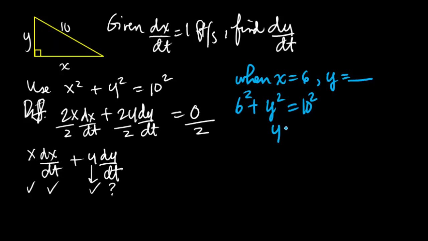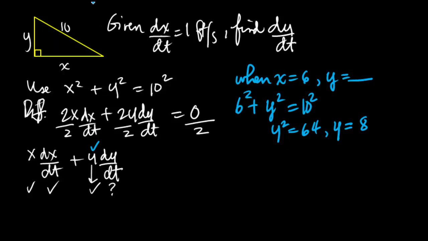So y squared is equal to 100 minus 36, that's 64. Solving for y, we get y equal to 8 by taking the square root, and we don't need the negative because this is a measure of length. Now I think we've got everything taken care of.